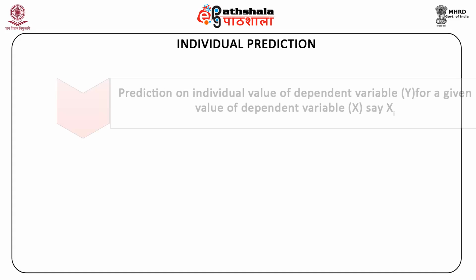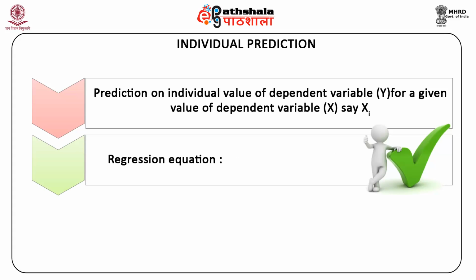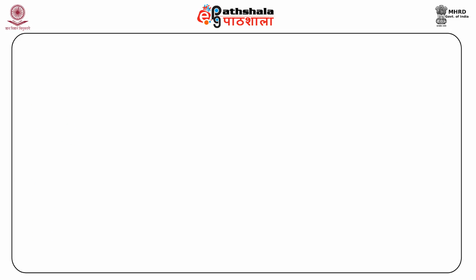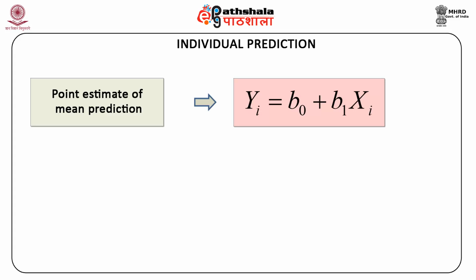Next, we should look at the case of individual prediction. It refers to prediction of an individual value of the dependent variable y for a given value of the independent variable x, say xi. Considering a regression equation, yi is equal to beta 0 plus beta 1 xi plus ei. Suppose we want to predict a future outcome when x is equal to xi. The point estimate of mean prediction will be yi hat equal to b0 plus b1 xi.